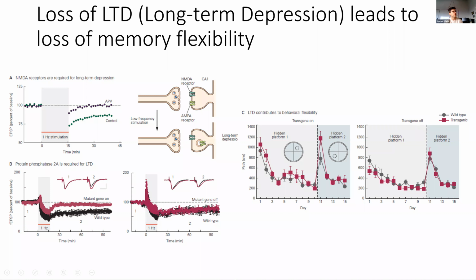When you remove that transgene, you actually see the same sort of learning curve. So it's a very brief change here, but you see that the loss of LTD decreases your flexibility a bit in order to learn something new, right? It will do many other things, but this is just an example of the type of contribution that LTD has to behavior.